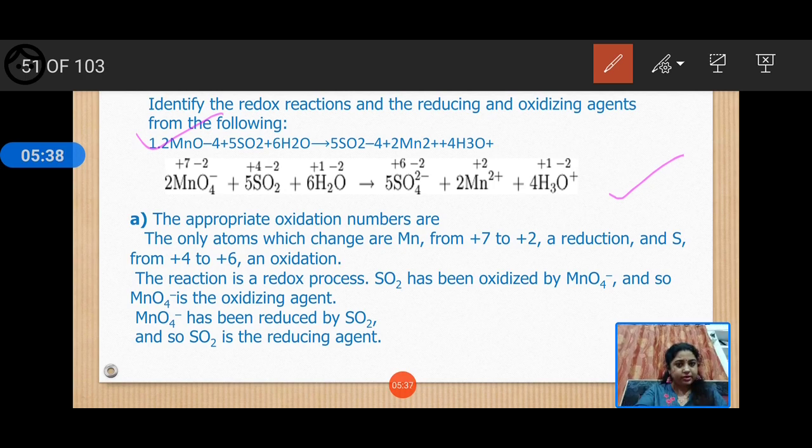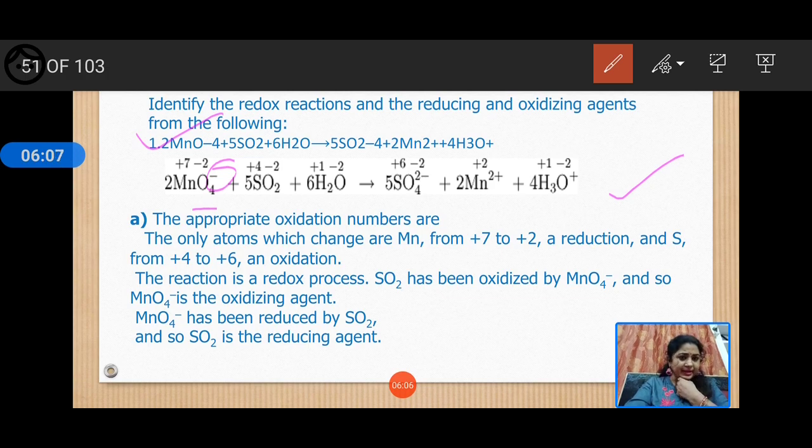Let's try to do this. The reaction is here. For oxygen, you know the oxidation state is -2. For manganese, if you don't know, you can calculate it here. O is 4 here, so -2 into 4 gives -8, and one charge is here. So MnO4 is equal to -1.